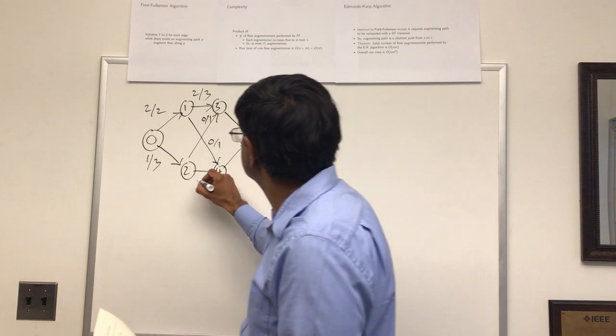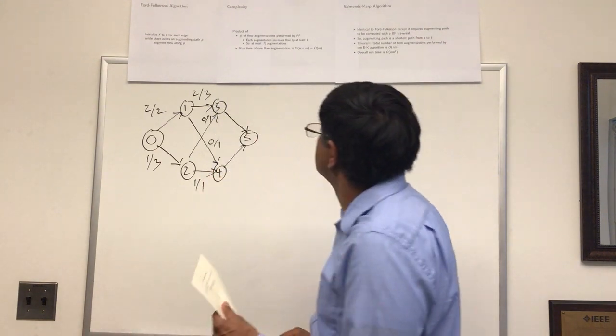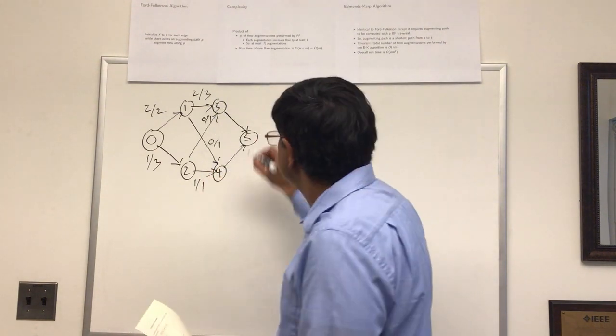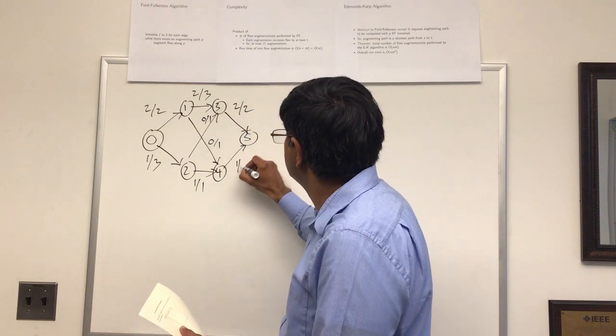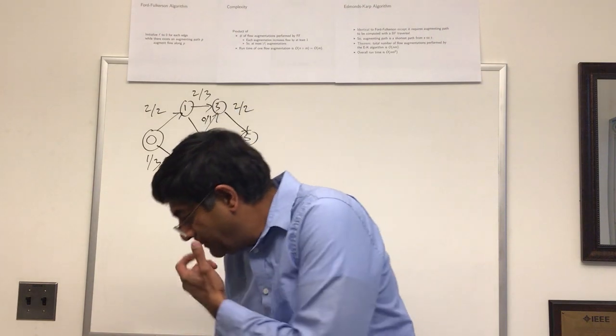And 2, 4 is maxed out at 1 out of 1. And then I have a 2 out of 2 here and a 1 out of 3 over here.